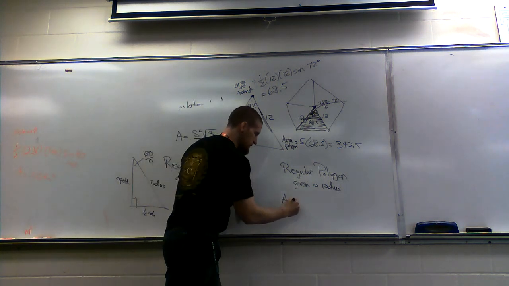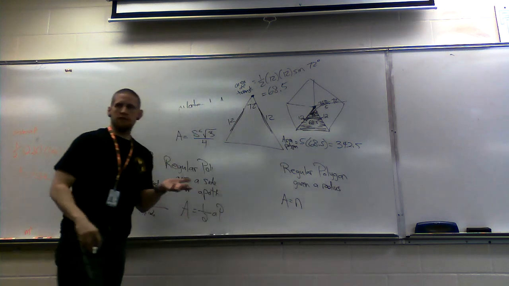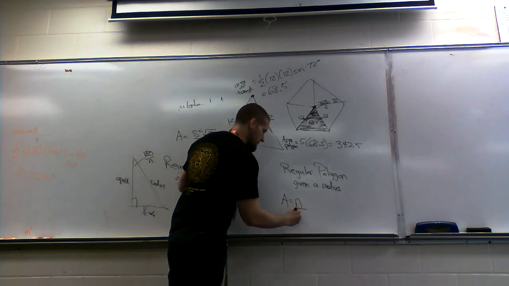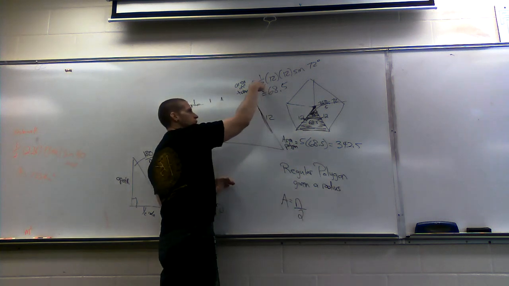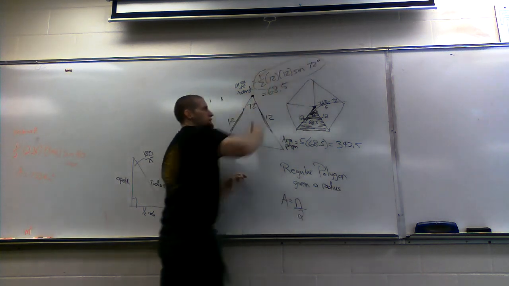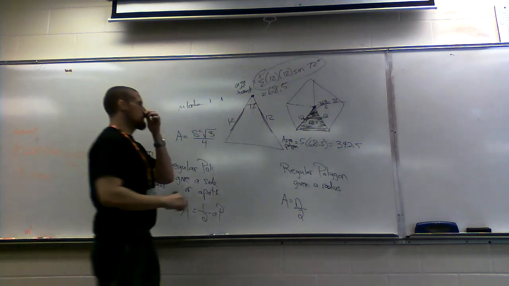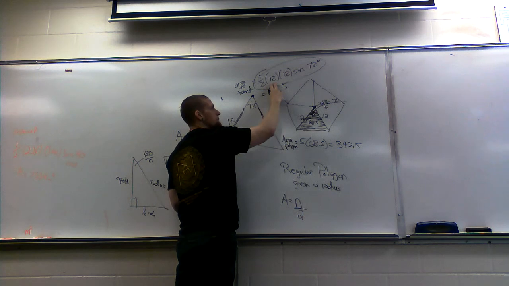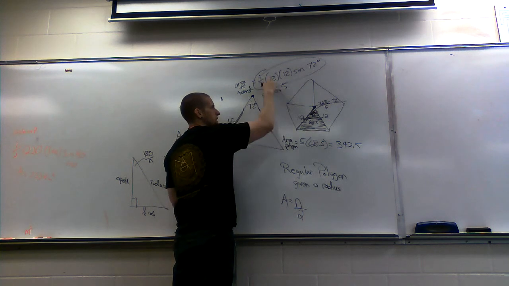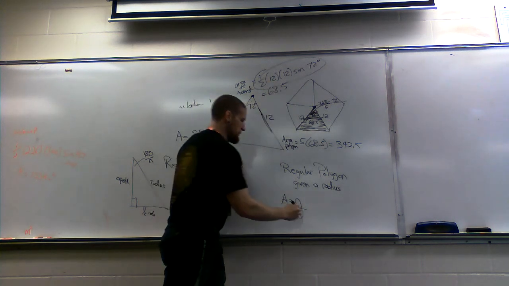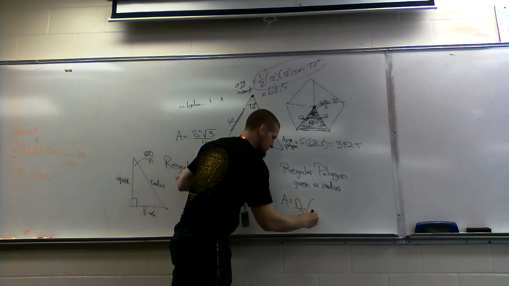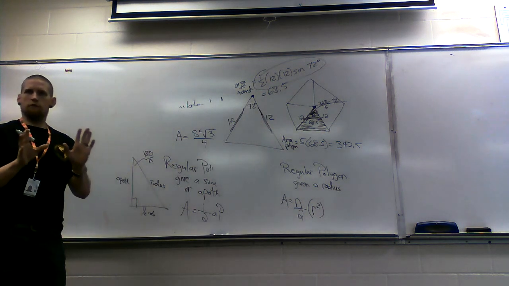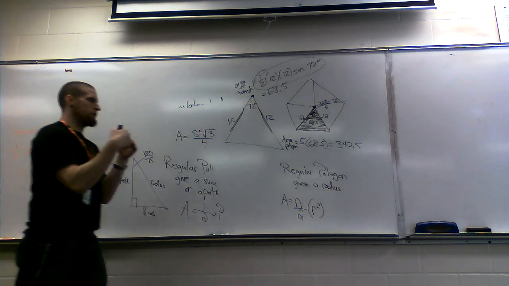You'd have n, the number of sides, divided by 2, because I'm doing the 1/2 from that formula, times the radius squared, because they're both the same, so multiply them together, squared.